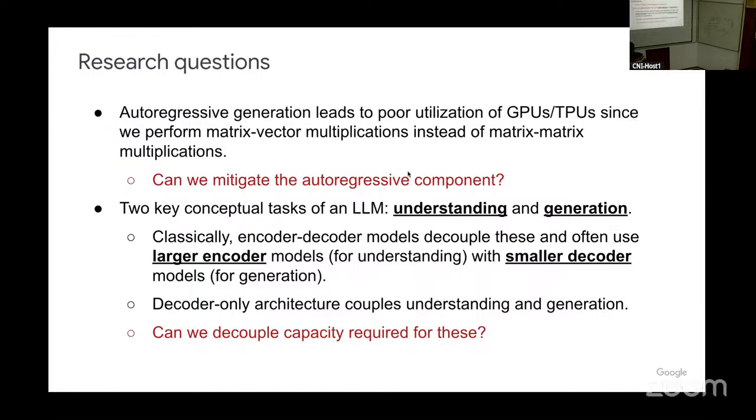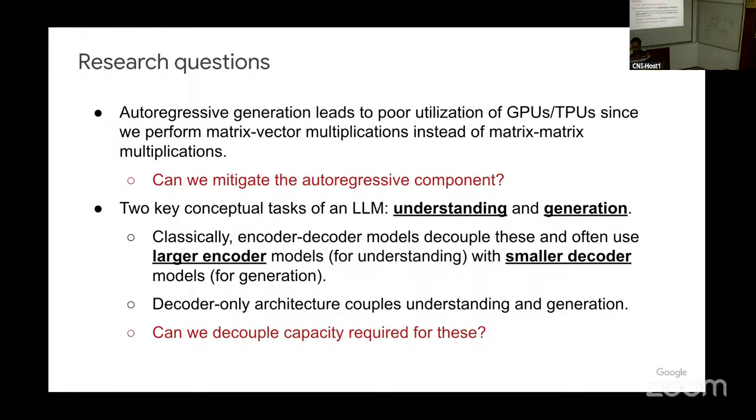Conceptually, if you think about it, there are two tasks that an LLM is trying to do. It's trying to understand what the user is asking, and then based on that understanding, it's also trying to generate a response, right? Usually in the classical NLP literature, people have thought about encoder-decoder models, where an encoder is supposed to understand what the query or what the user is asking, and then a decoder is the one that's supposed to generate a response using that understanding, right?